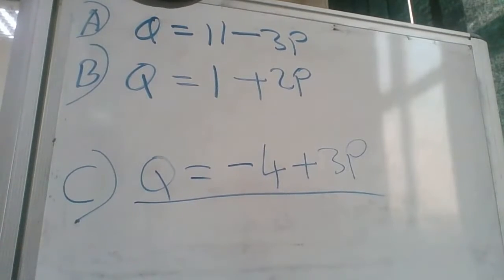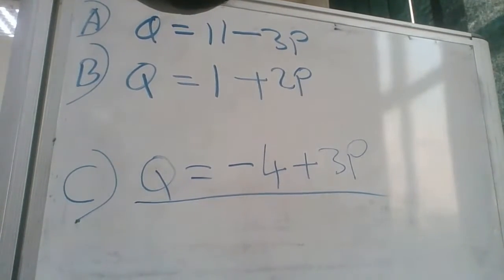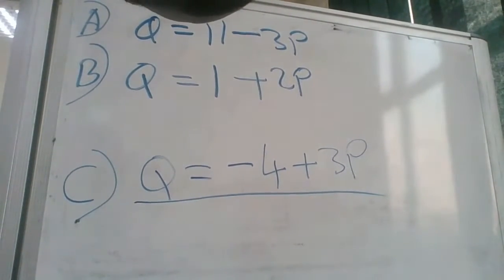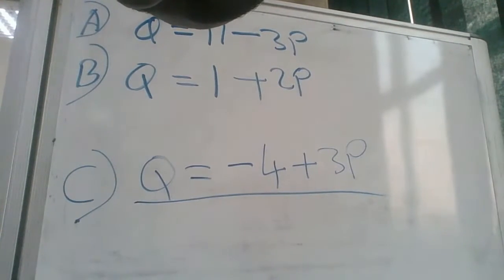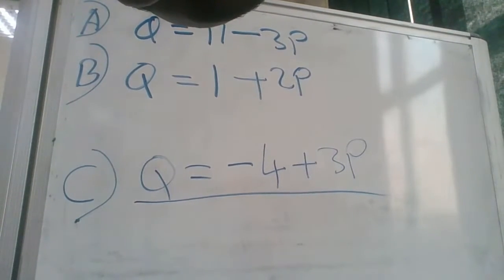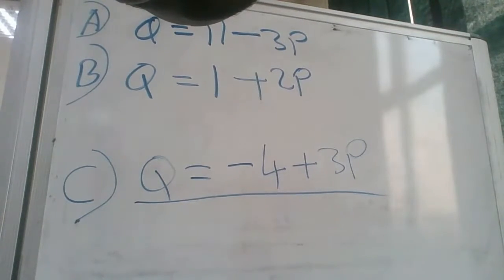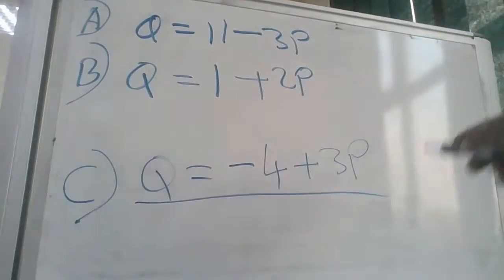Okay, there's another one, because price moves with supply. Then Leah says the plus 3P made her conclude that it's a demand curve. Kalunga says it's a demand function.